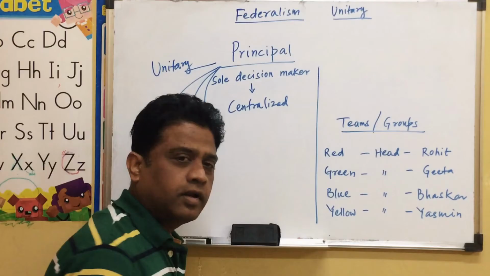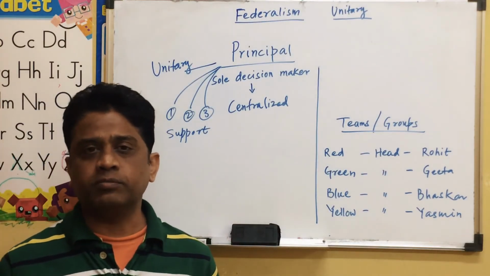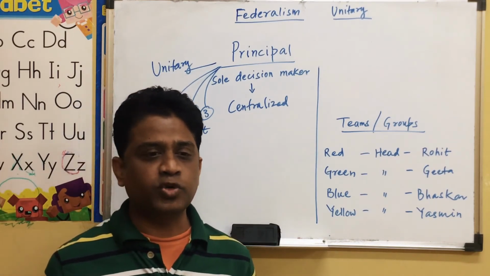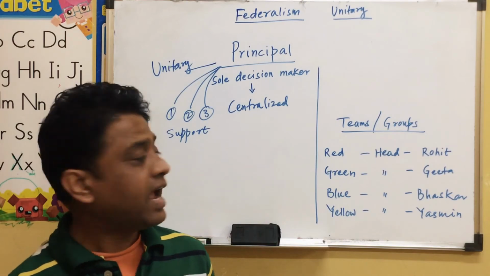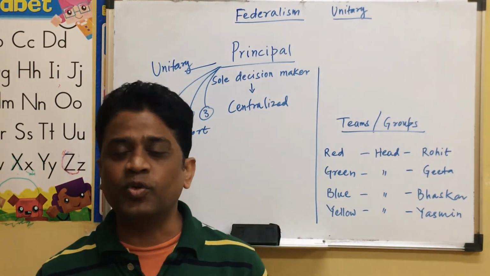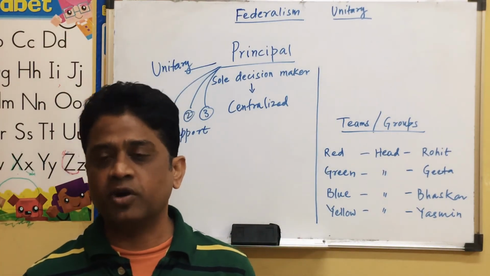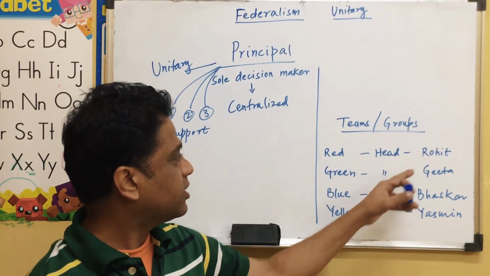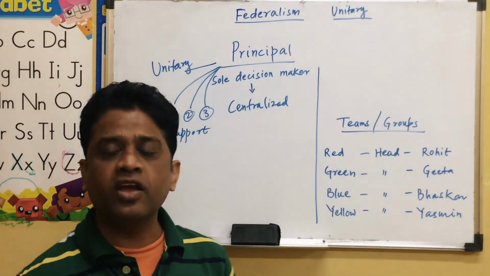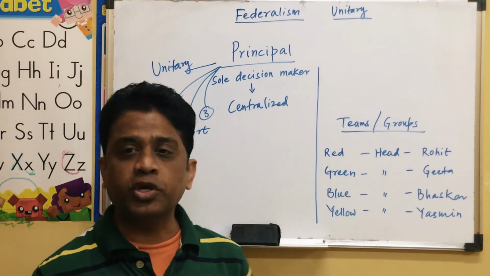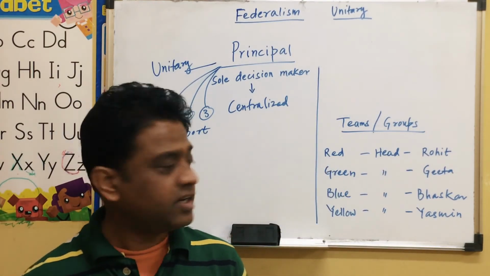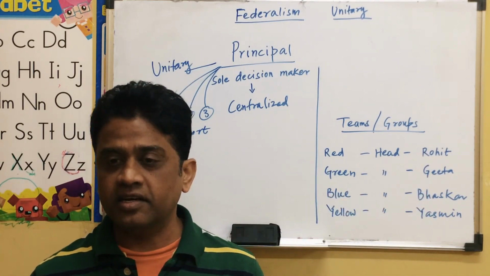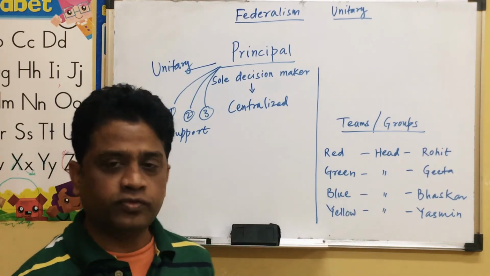Now let's take one example. Suppose there is a drama competition that is going to be held in the school, and all these 4 teams are going to participate in it. Rohit sir is going to decide which play the red team is going to enact, and Geeta ma'am will decide which play the green team is going to enact, and so on and so forth.